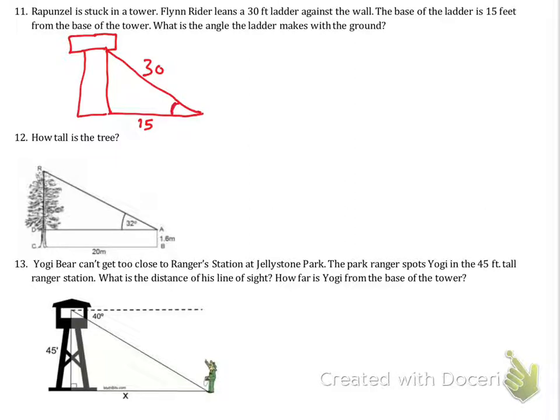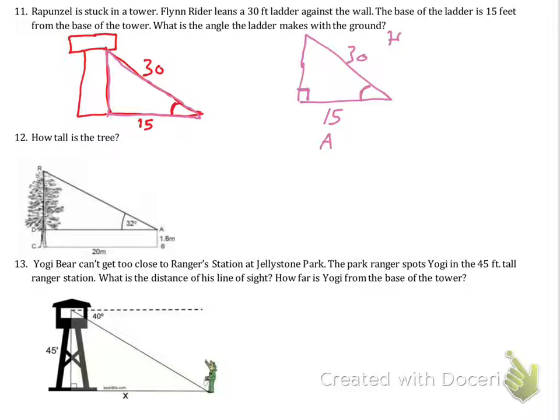Okay, so then if you were to look at this a little bit differently, you could see that the triangle is made right here. So it would look like that. I know this is 30. I know this is 15. And then we're looking for this angle right here. We'd have to assume that this is the 90 degrees, so that makes this the hypotenuse, and that makes this adjacent.